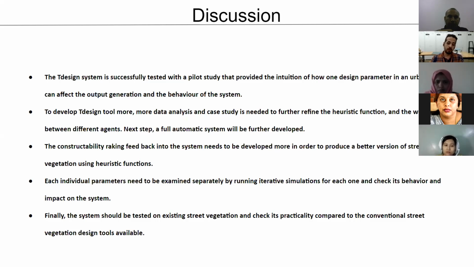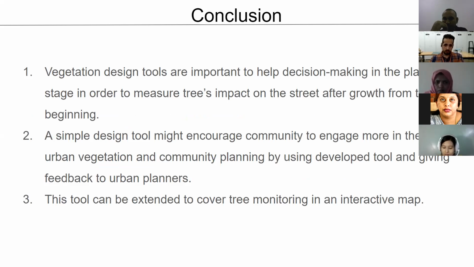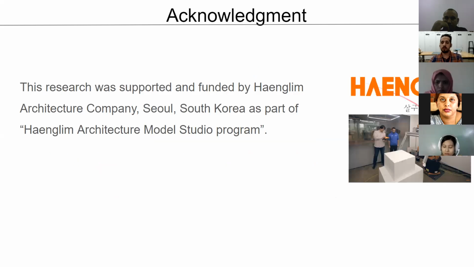Can you conclude, please? Yeah, so I argue that urban planners can use this tool to produce many models for the vegetation and then choose the best model from them.